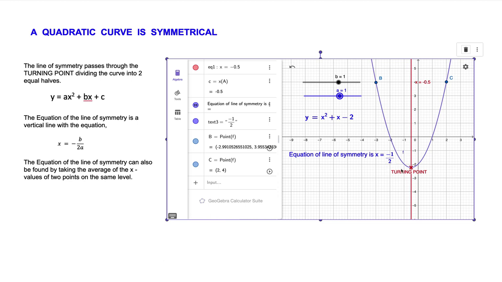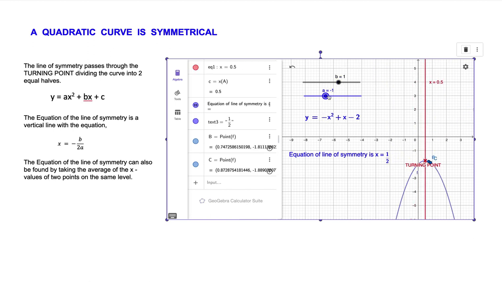Usually we take one point to be the y-intercept and the other point which is on the same level as the y-intercept to find the equation of the line of symmetry. Let us look at another example. Here we have this equation, and the line of symmetry is x equals 0.5.